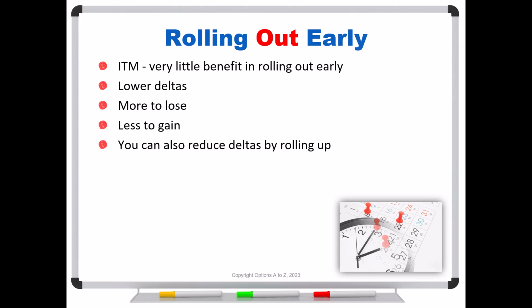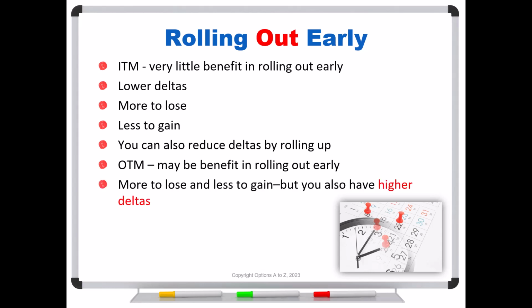Now, if you have an out-of-the-money option, it can be a different story. For an out-of-the-money option, sure, there may be a benefit in rolling out early. Just like with the in-the-money options, you have more to lose and less to gain, but you also have higher deltas. You're moving into that area of the benefit, and that could certainly be an argument for putting more money into the trade.